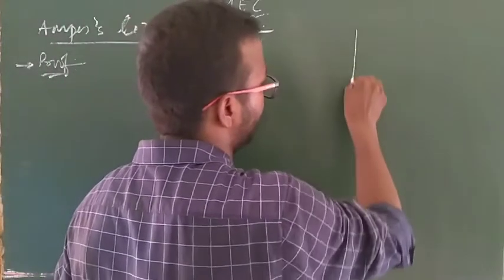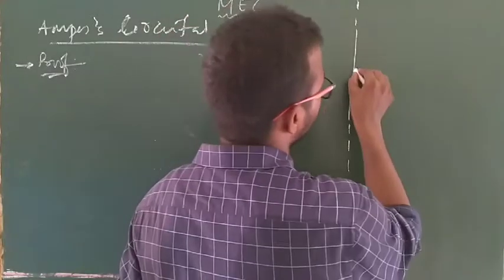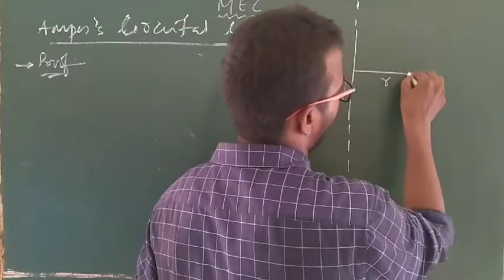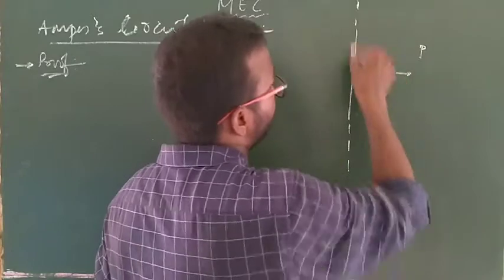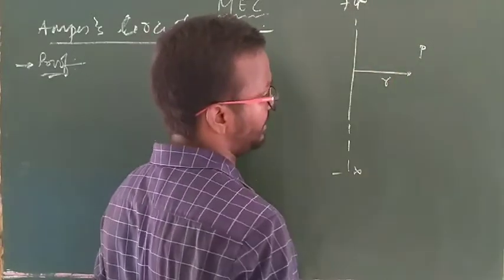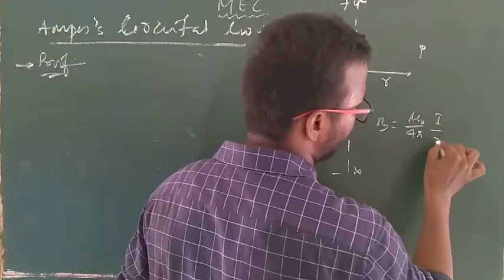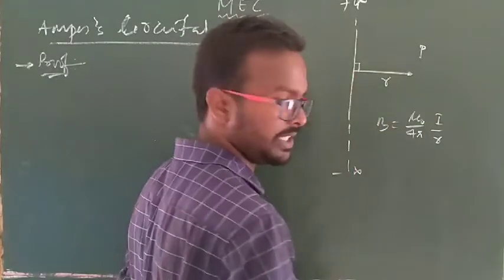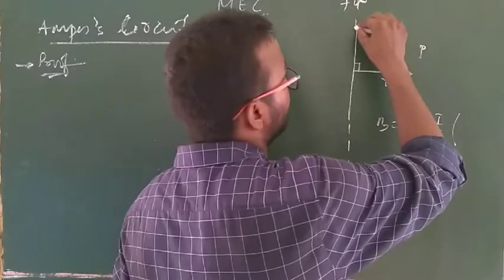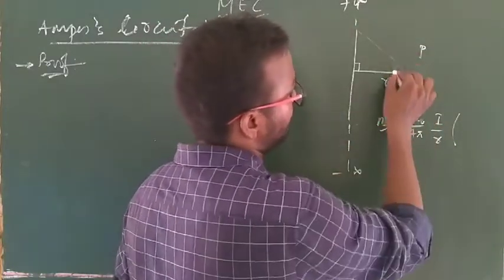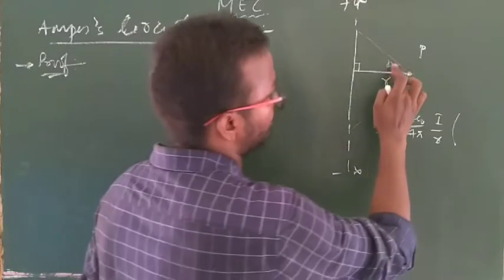Suppose we have a long infinite straight conductor, and suppose this distance is R and this point is P. We know at this point, B equals mu naught by 4 pi, I by R, where R is the perpendicular distance at point P, times sin phi 1 plus sin phi 2. This is for finite length, with angle phi 1 and angle phi 2, which we discussed in previous classes.